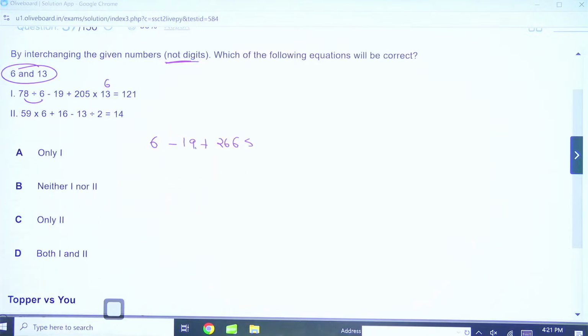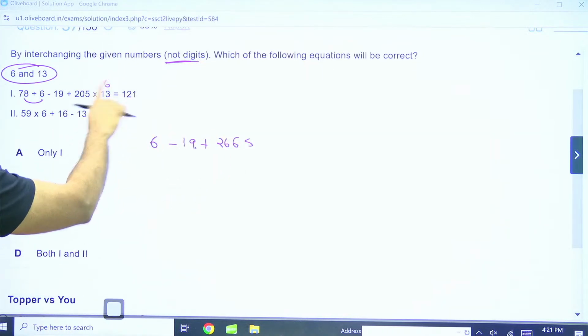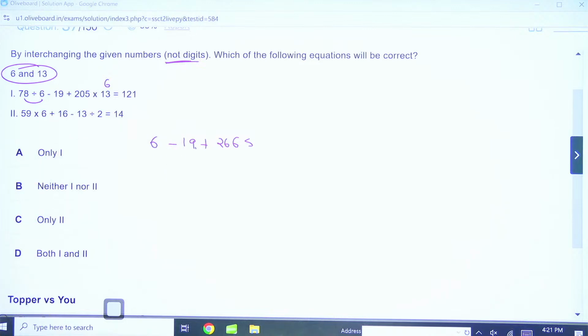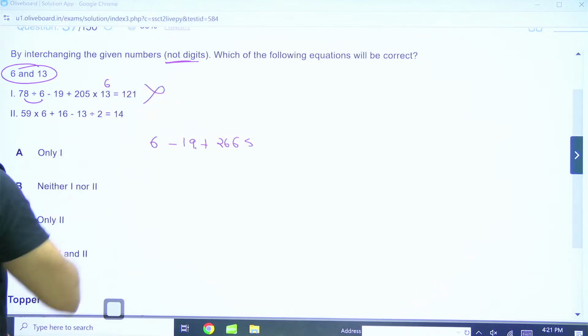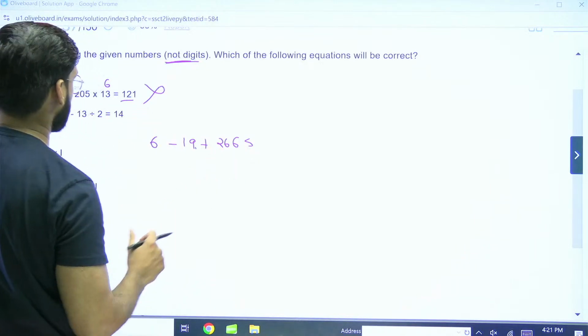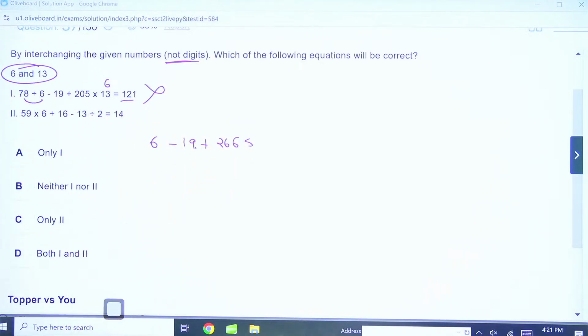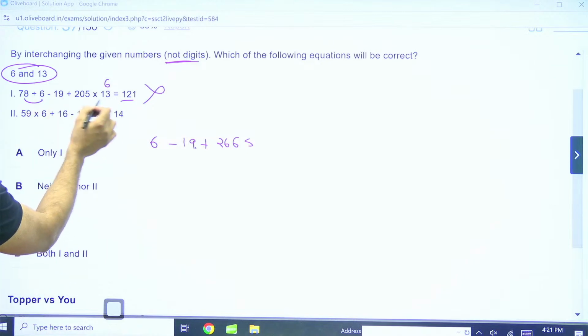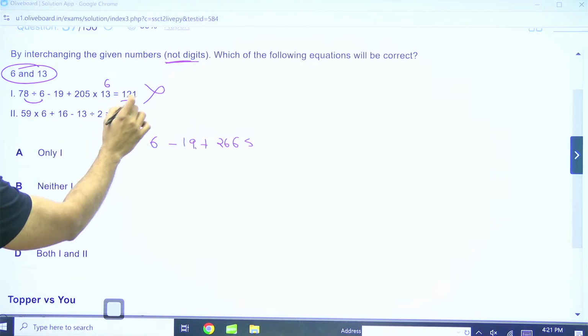It will become 2665. I don't think we can get 121 here, so the first equation will be the wrong one, because we need 121 and we are getting 2665. So interchanging 6 and 13 will not give the answer from the first equation.